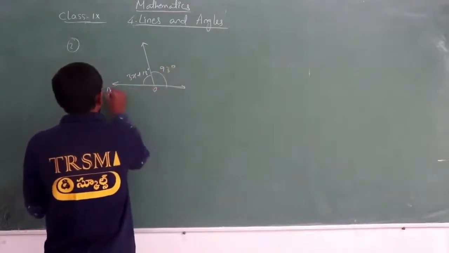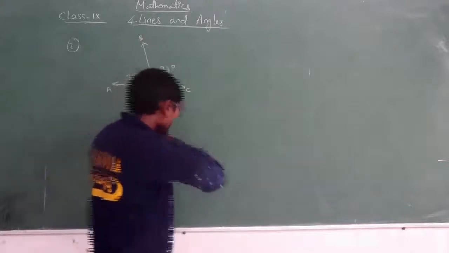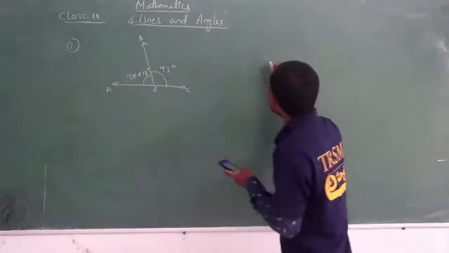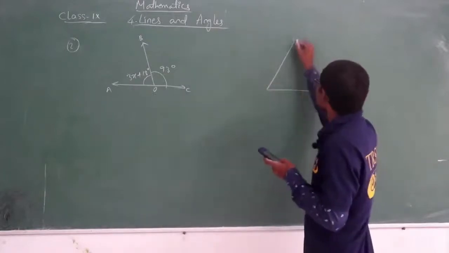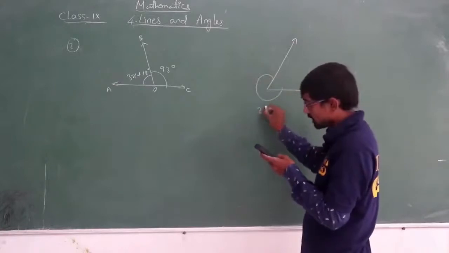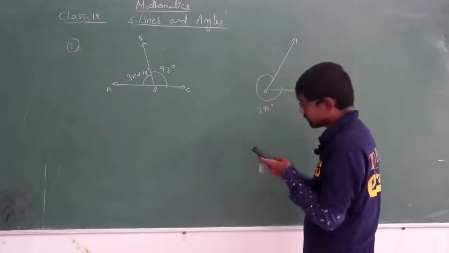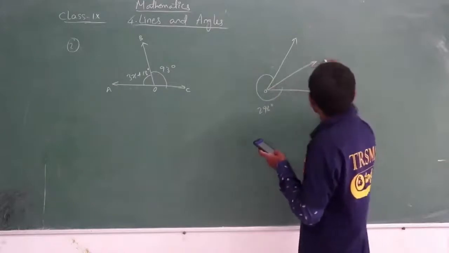So here O, A, B, here I have C. Similarly, if I take the second one, the reflex angle is 296 degrees. Again it is divided in one ratio.